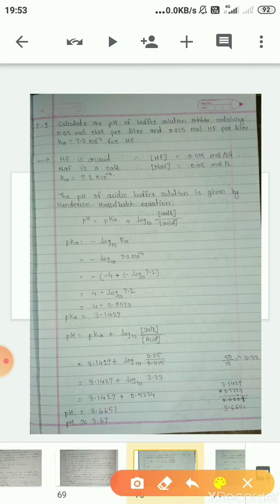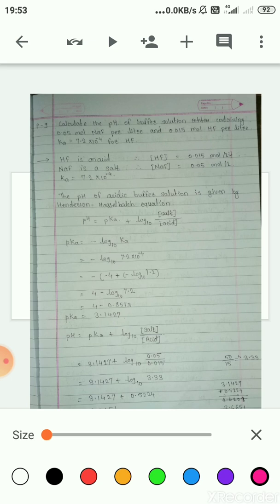Next, first write down what we have been given. HF is an acid, NaF is a salt, and the concentration of hydrogen fluoride is 0.015 mole per liter, while that of sodium fluoride is 0.05 mole per liter.